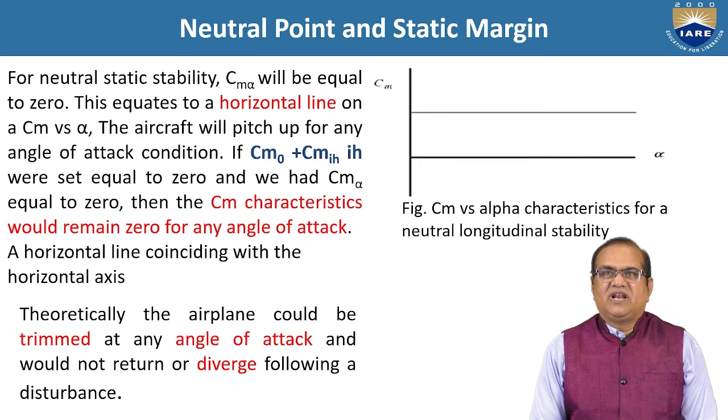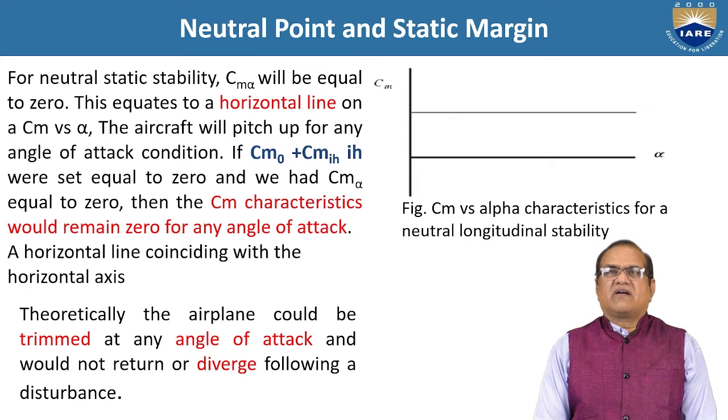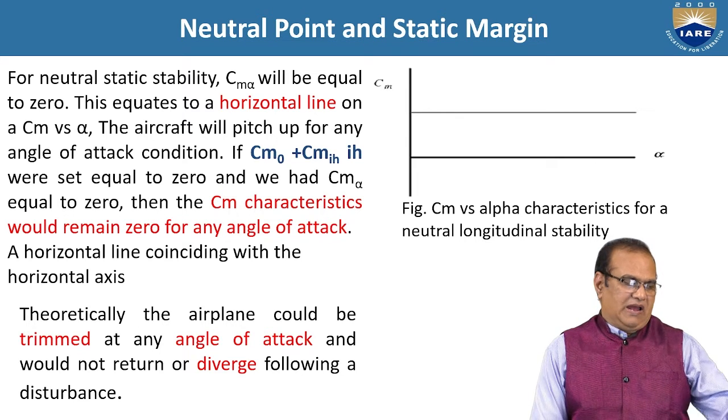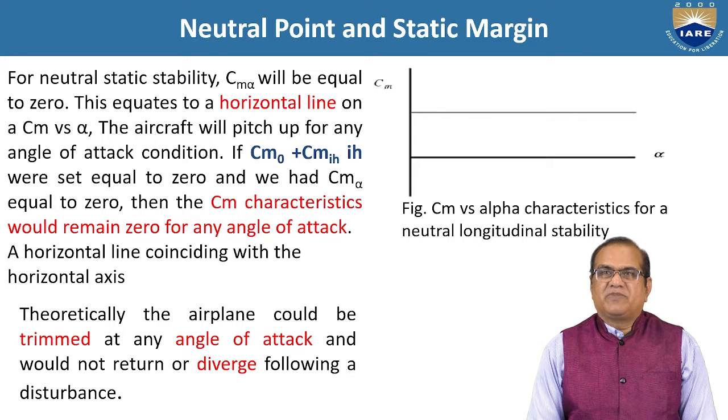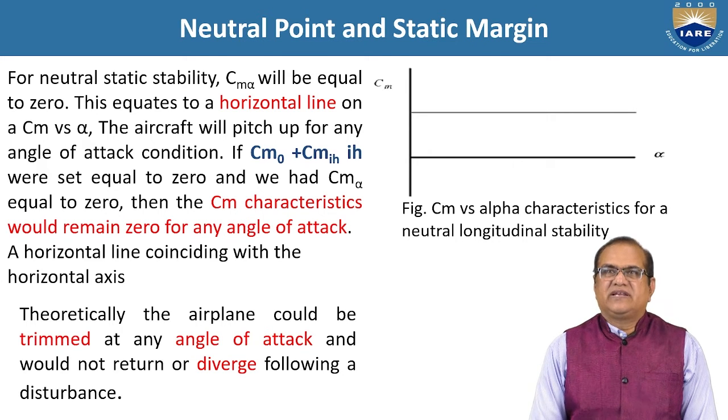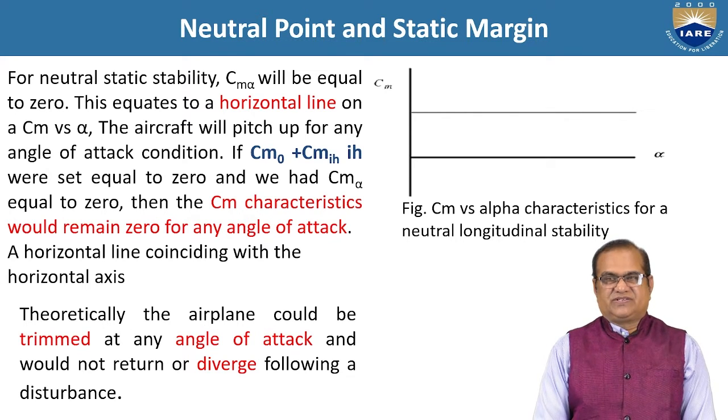The aircraft will pitch up for any angle of attack condition, and if Cm naught plus Cm iH were set to 0 and we had Cm alpha equal to 0, then the Cm characteristics would remain 0 for any angle of attack. A horizontal line coincides with the horizontal axis.